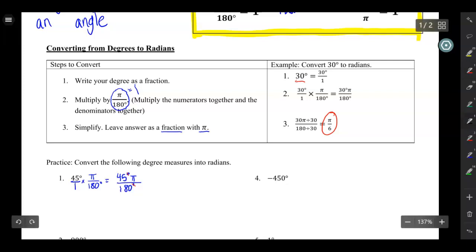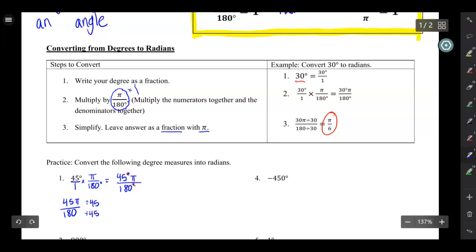Okay, now it's time to try to simplify. So let's actually come down here. We'll do that step down here. I have 45 pi over 180. And I'm looking for a number that I can divide 45 by and that I can divide 180 by. So in this case, I happen to know that I can divide the top and the bottom by 45.